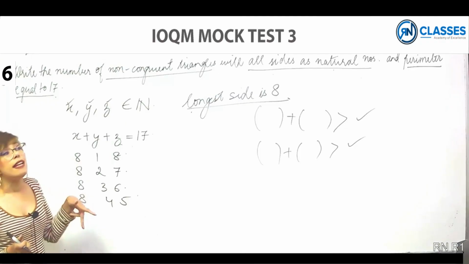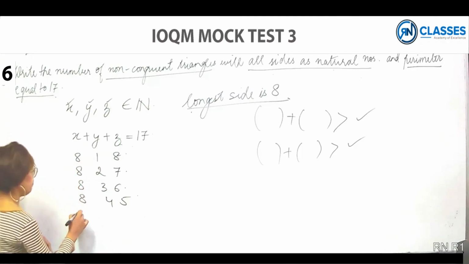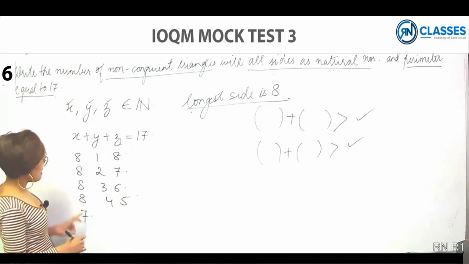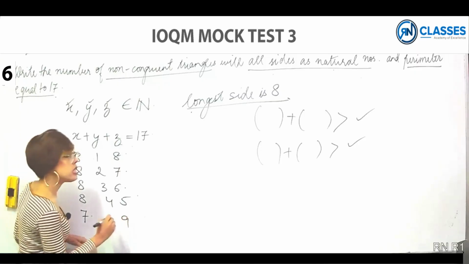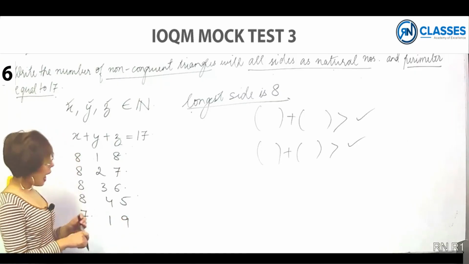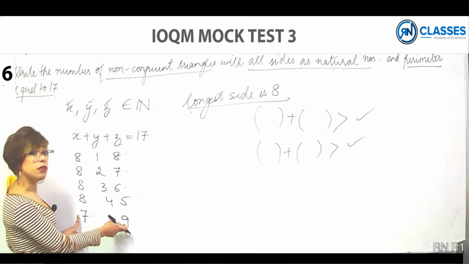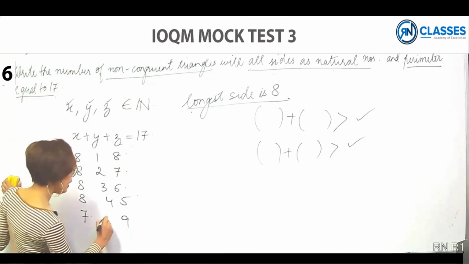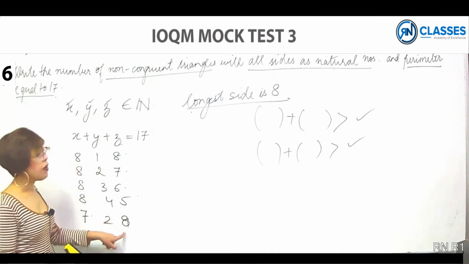Now the longest side cannot be 9. Oh, I have to go in the reverse direction. So the longest side can be 7. If x is 7, the sum of these two sides is 10. So maybe I can have 1, 9. Careful. I said the longest side is 7. Here you have 9. That is not possible. So maybe I can have 2, 8. Is that okay? Again, no. Longest side is 7. You have 8 over here.